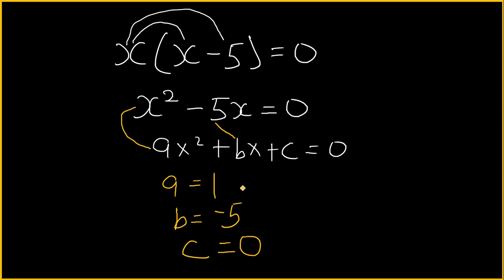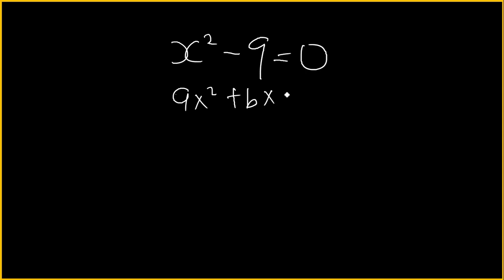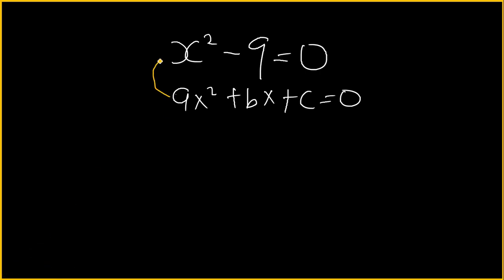Now to our last example, which is x squared minus 9 equals 0. Comparing this quadratic equation to the general equation, ax squared plus bx plus c equals 0, our a is the coefficient of x squared, which is 1.